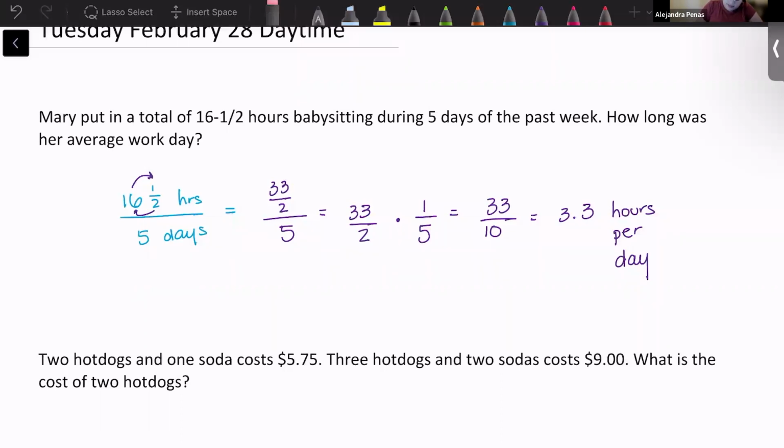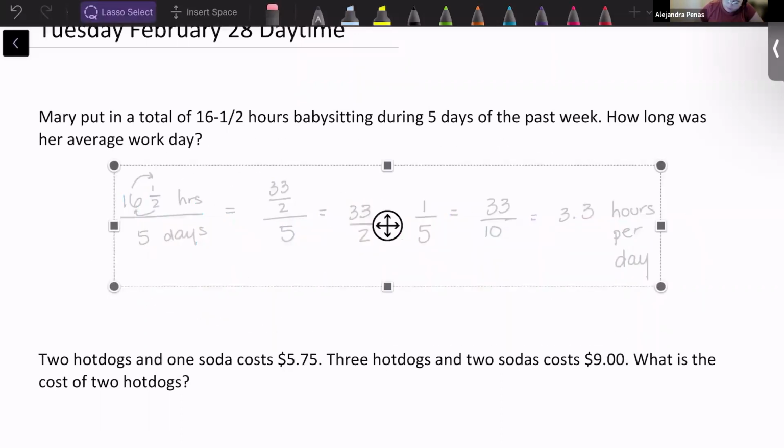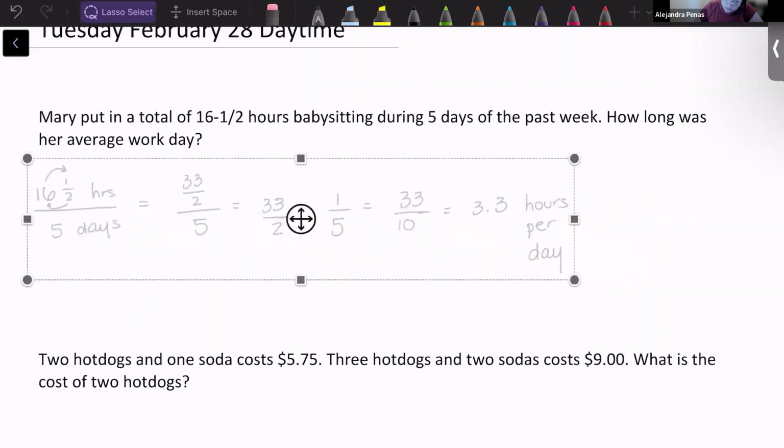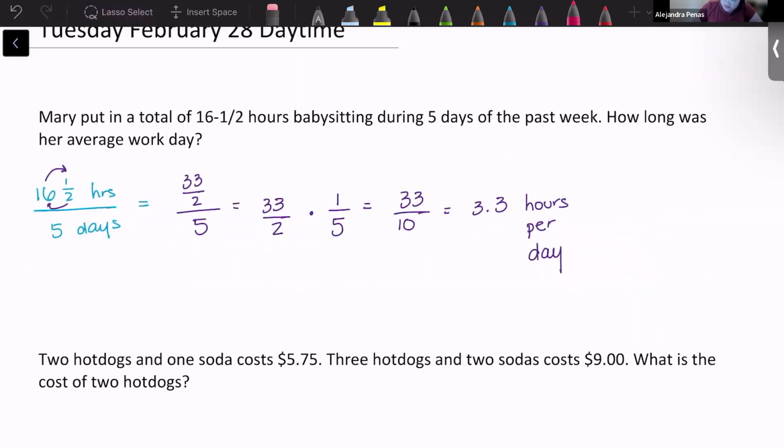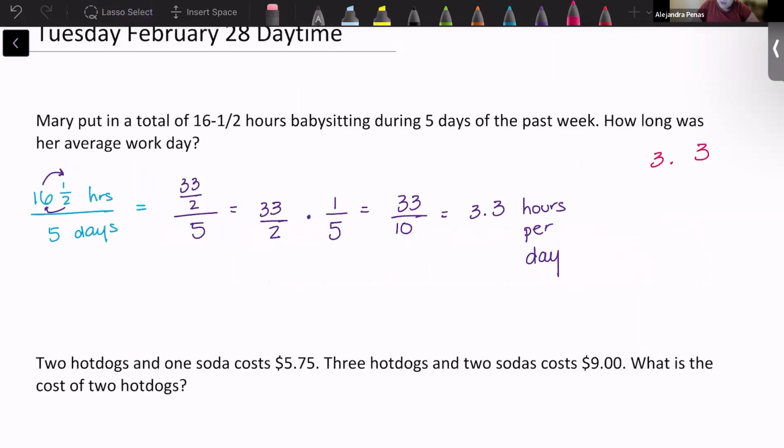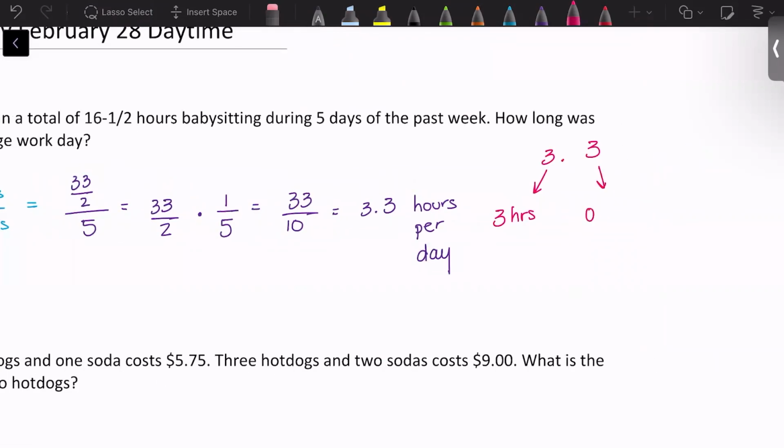So the next step in this problem would be to break apart this 3.3 and figure out how many hours and minutes. Obviously, the first part will still be 3 hours. Our job is to figure out what 0.3 is in terms of minutes.